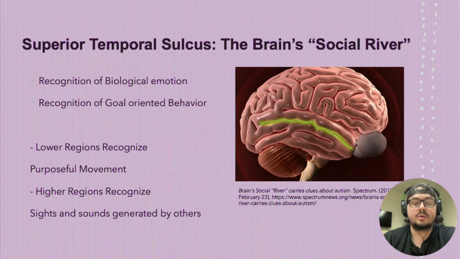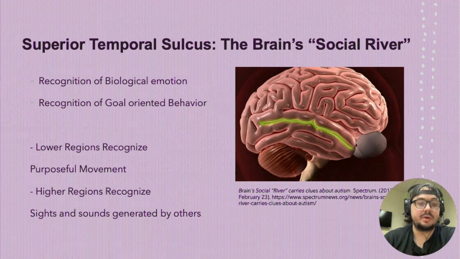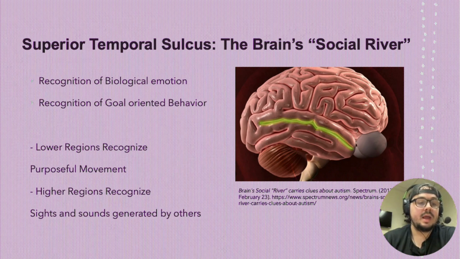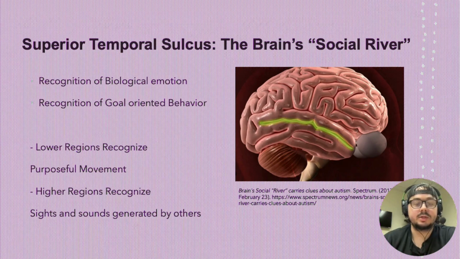And it is also known to be able to distinguish between who is actually trying to accomplish that goal, or who is actually doing the biological emotion. So the lower regions of the superior temporal sulcus can recognize purposeful movement or biological movement, and the higher regions of the STS can actually distinguish between the sights and sounds of other people and oneself.